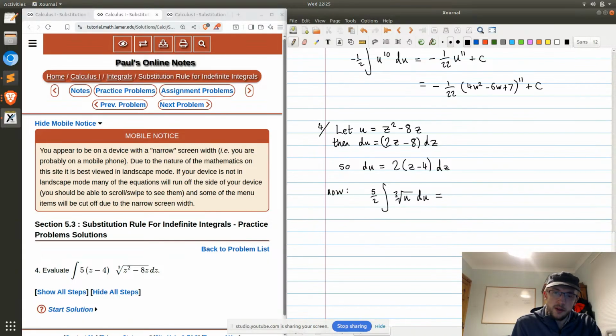Then computing this is u to the third. So that will become u to the 4/3, but then divide through and 3/4 of u to the 4/3 and times that.